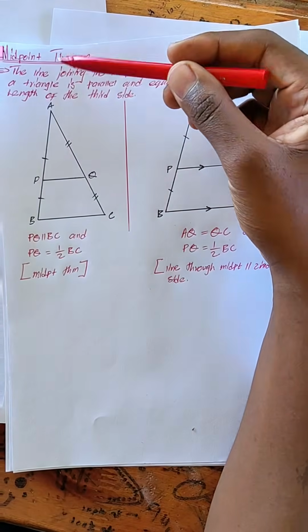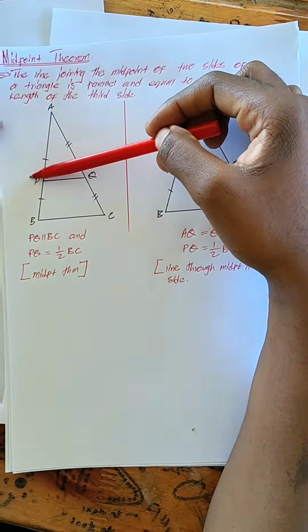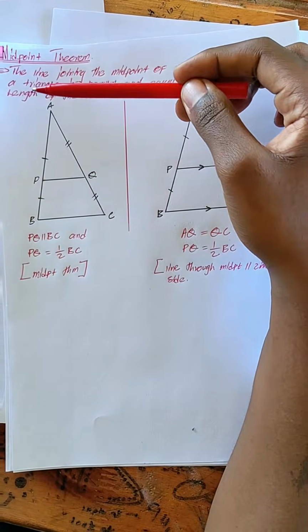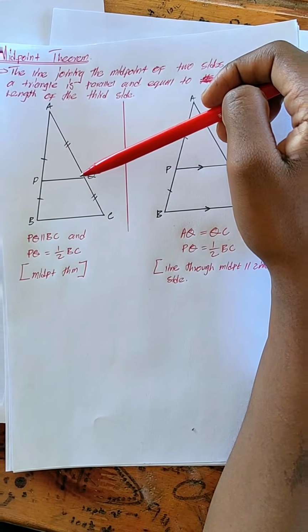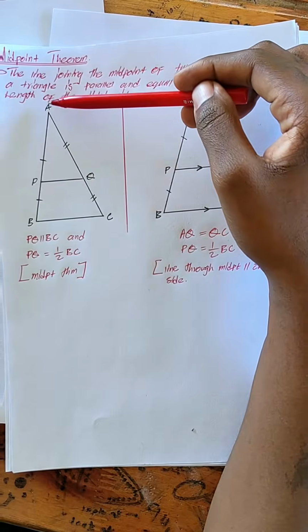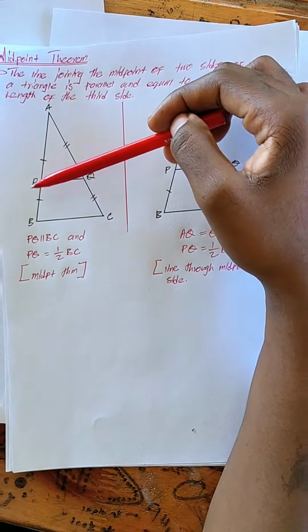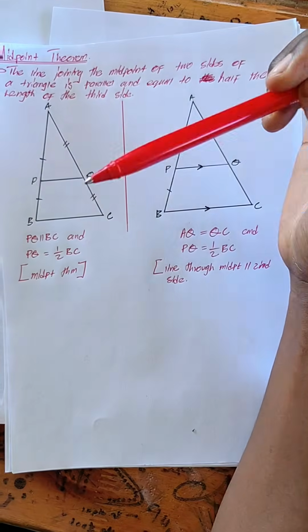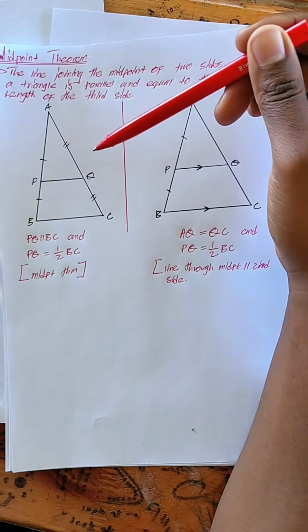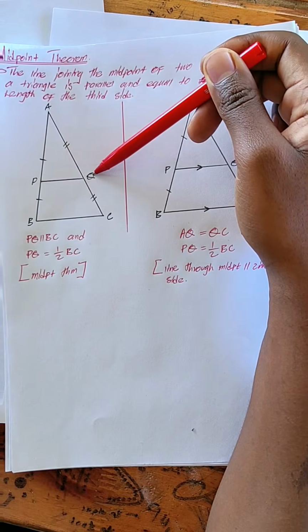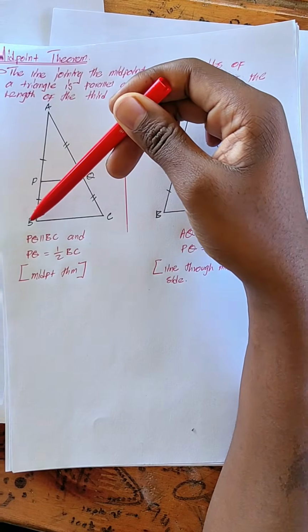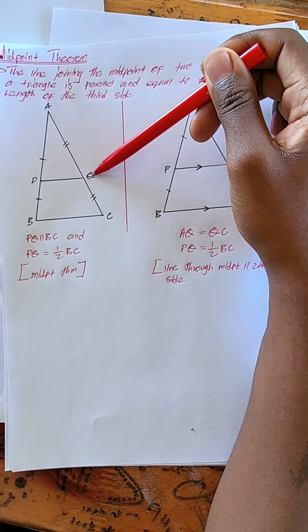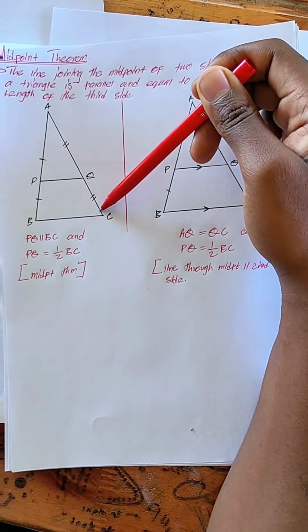In this diagram, it is given that AP equals PB and AQ equals QC. Since AP equals PB and AQ equals QC, we can conclude that PQ is parallel to BC and PQ is half the length of BC.